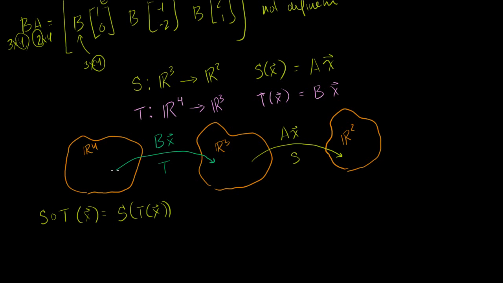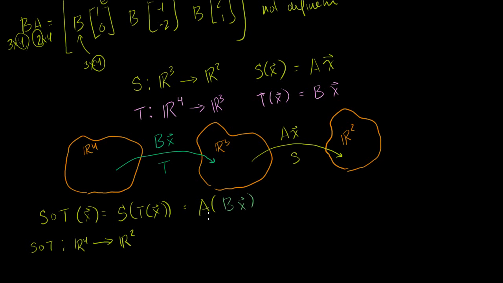So you take a transformation from R4 to R3, and then you take the S transformation from R3 to R2. So S of T is a transformation from R4 all the way to R2. And if you were to write this out in its matrix representations, we did this in the last video, this would be equal to the S matrix A times this vector right here, which is Bx.